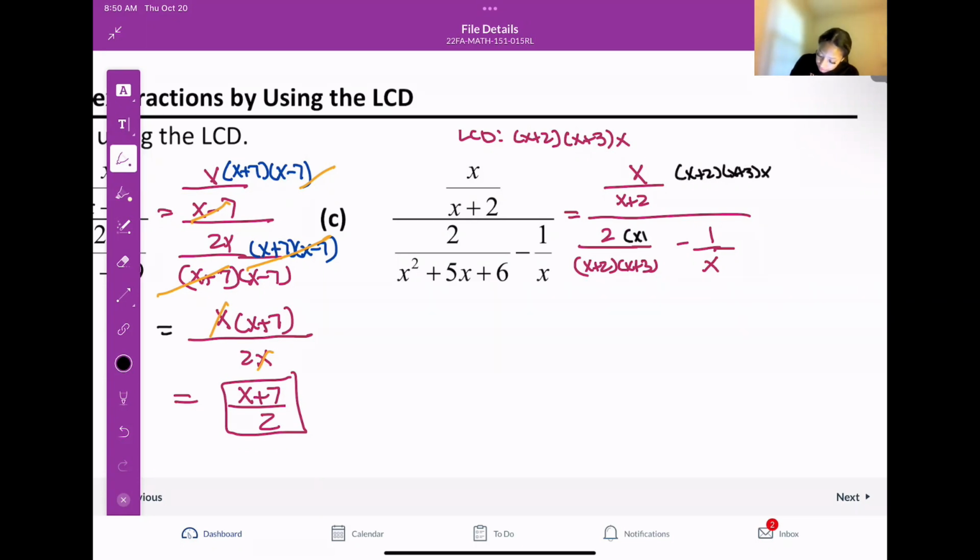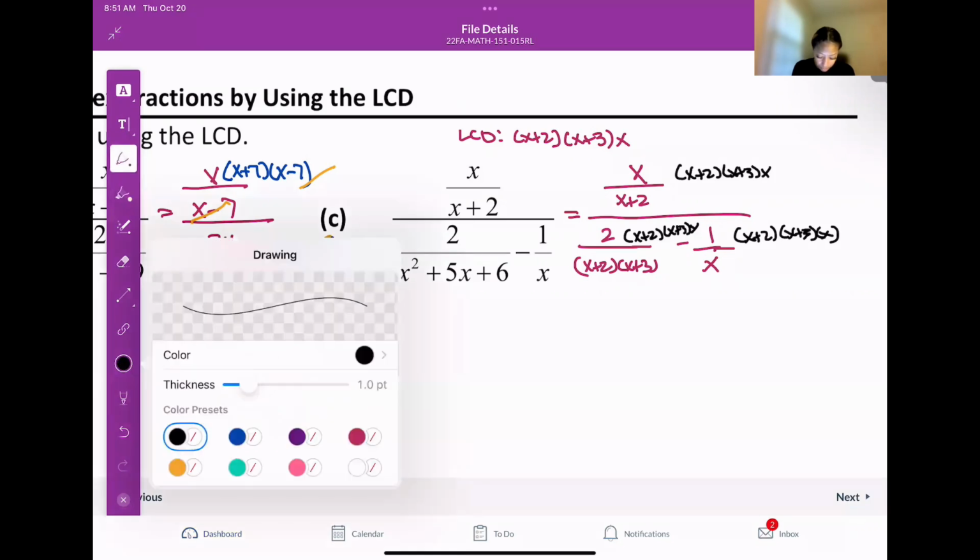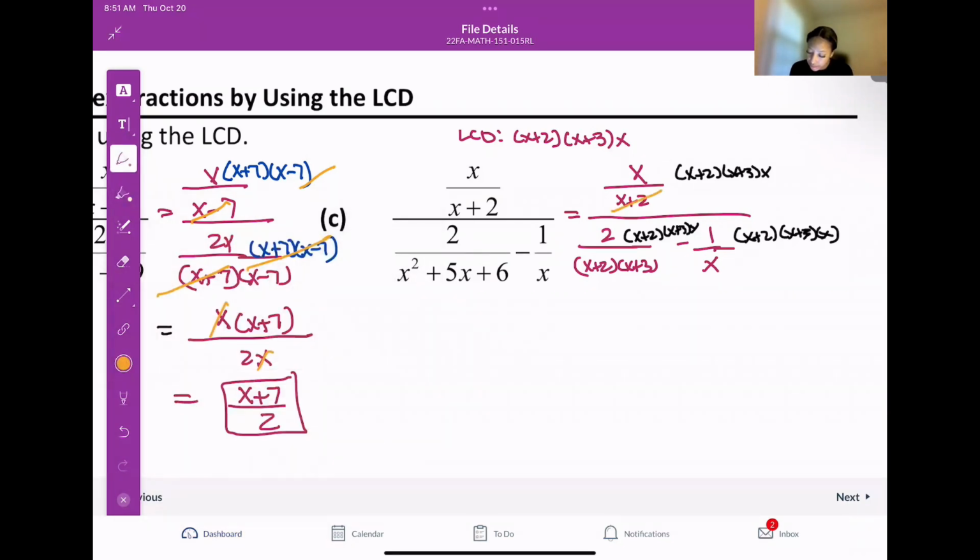Every single part, x plus 2 times x plus 3 times x, and then another x plus 2 times x plus 3 times x. When you do this step, all of the denominators should cancel out. In the numerator, our denominator was an x plus 2 that cancels with this x plus 2.